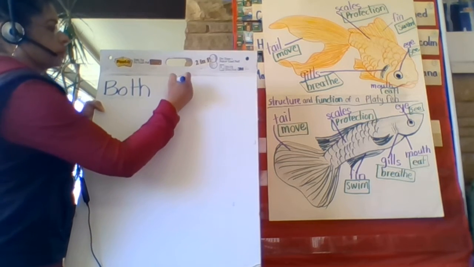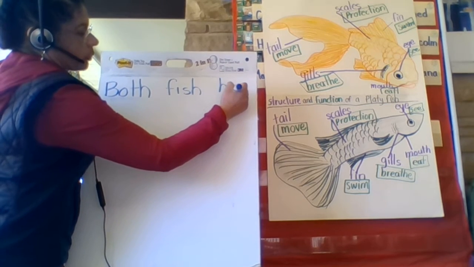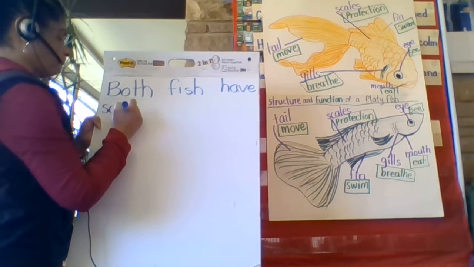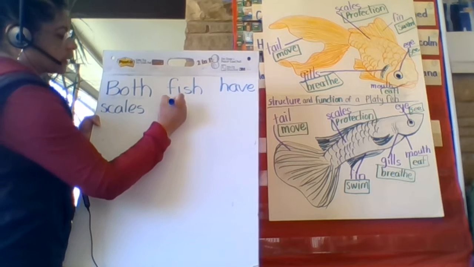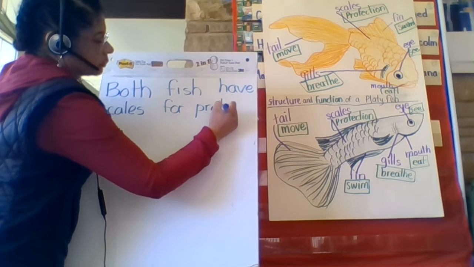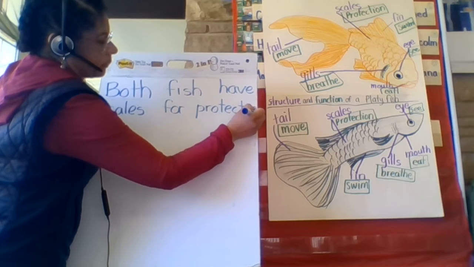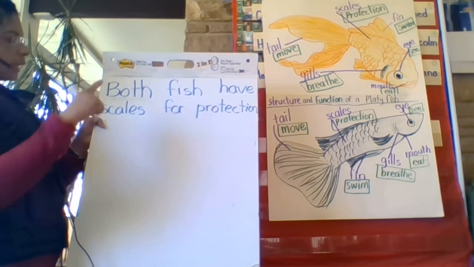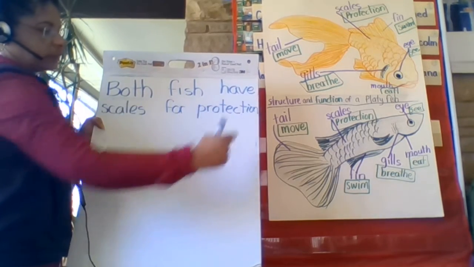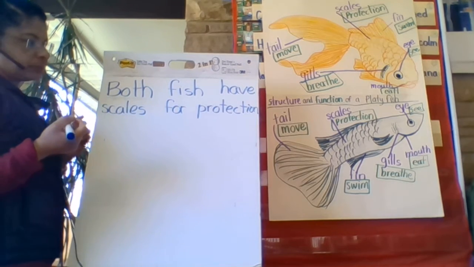Both fish have scales for protection. Period. I started with uppercase, I left finger spaces, and I ended my sentence with a period. Both fish have scales for protection.